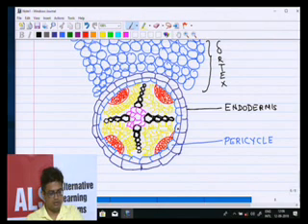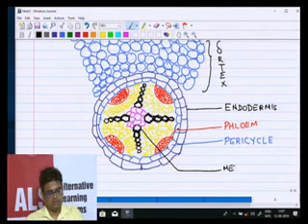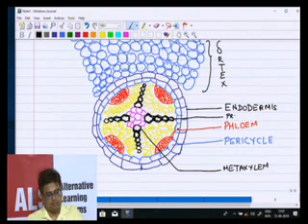Now this part, it is called the phloem. This cell, it is called metaxylem cell. Metaxylem vessel. This cell, the shorter diameter cell, it is called protoxylem.